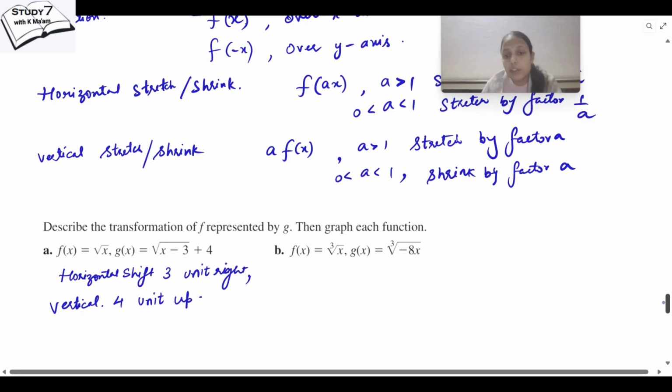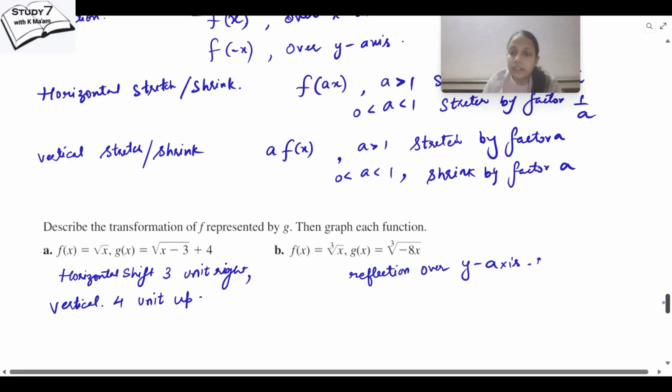Next, f of x is the cube root of x, and it's cube root of negative 8x. First, the negative is multiplied inside, and then 8 is also multiplied inside. So if inside changes, only x is changed to negative x, that is a reflection over the y-axis.